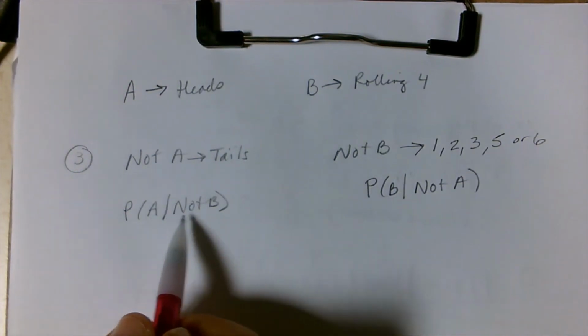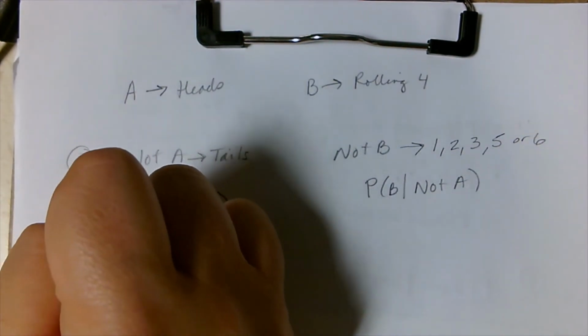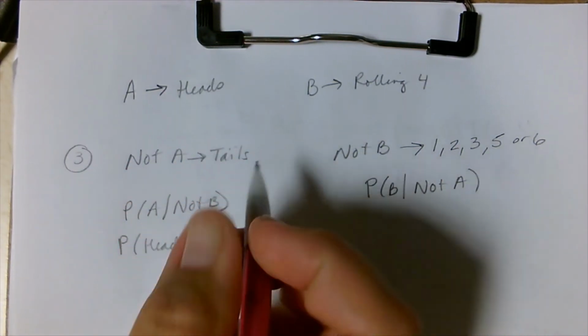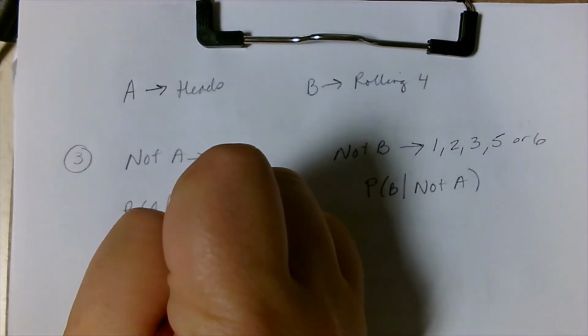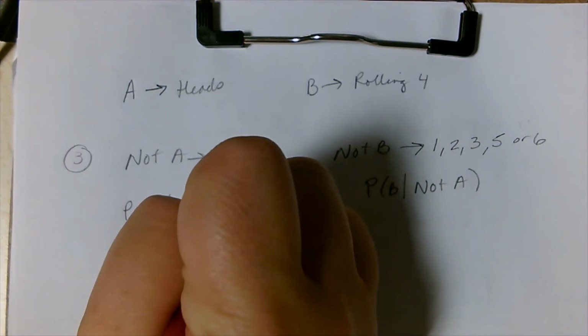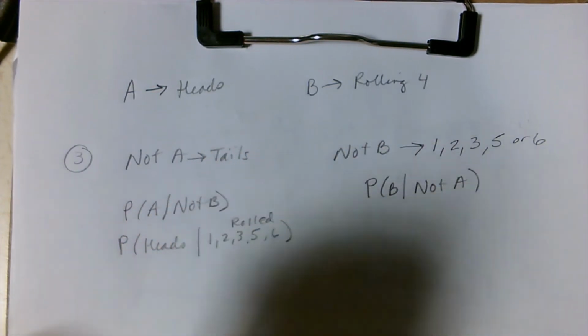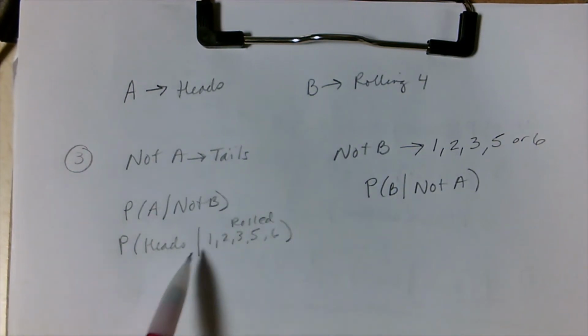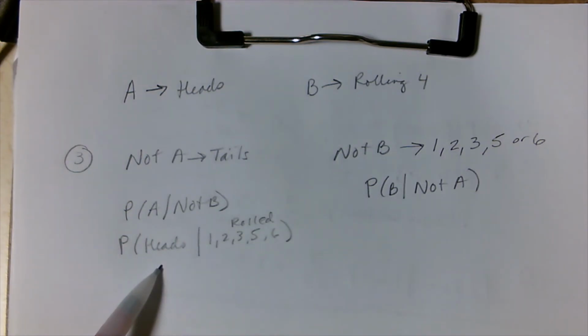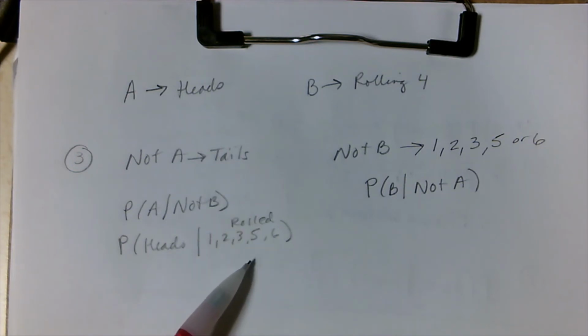So A given not B would be the probability of A, which is heads, given the fact that we didn't roll a 4. So we rolled a 1, 2, 3, 5, or 6. I could have rolled any of these numbers, but the probability that I get heads is still 1 out of 2 because these rolls don't affect that probability.